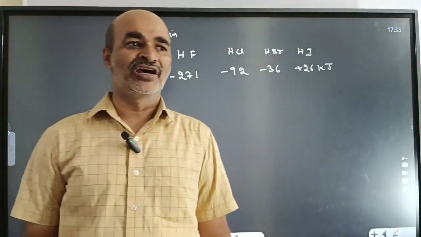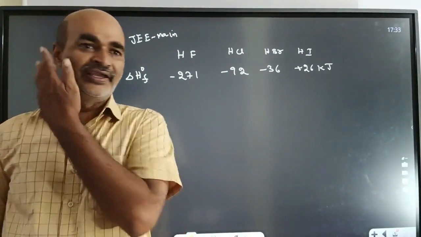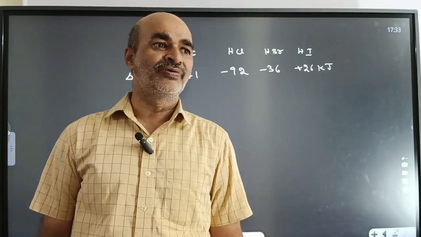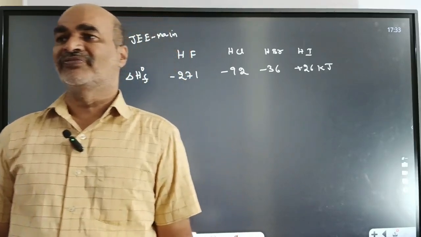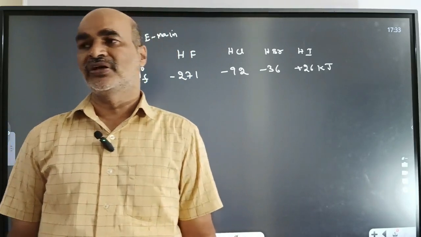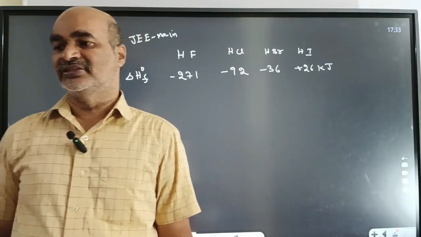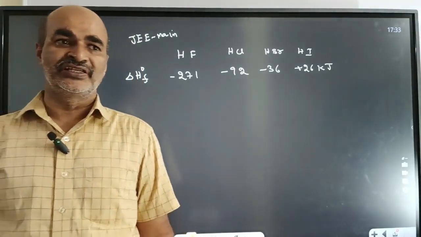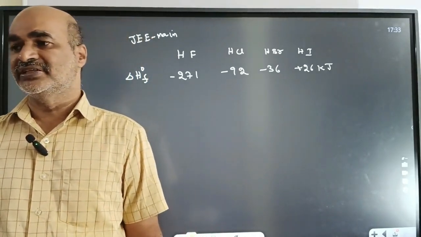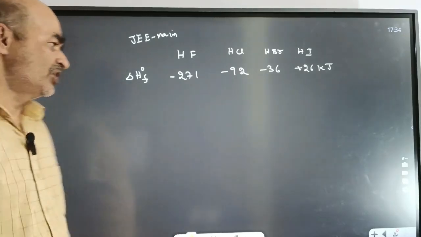The enthalpy of formation of HF is more negative; a large amount of heat energy, minus 271 kilojoules, is released. So HF is more stable and HI is less stable.